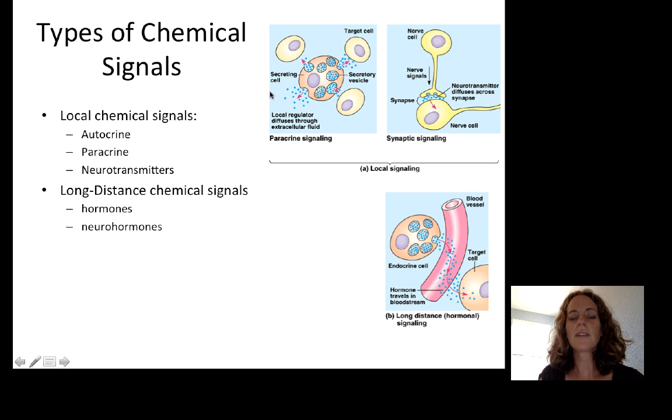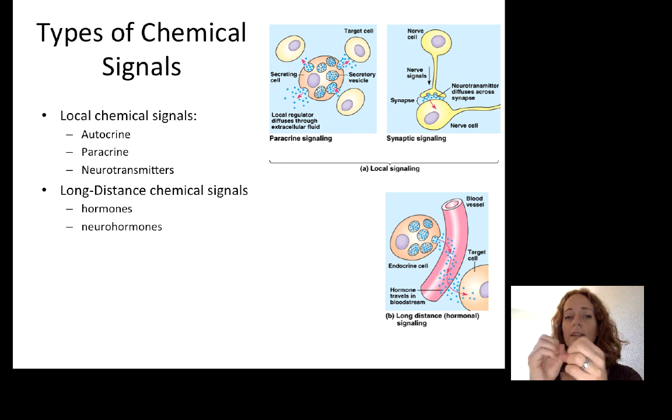Before we get into the types of receptors, let's talk about types of chemical signals, because this affects the types of receptors as well. There are local chemical signals and there are long-distance chemical signals, and it's exactly what it sounds like. A cell will send chemicals out to its target cell, the cell that it's trying to interact with and change.